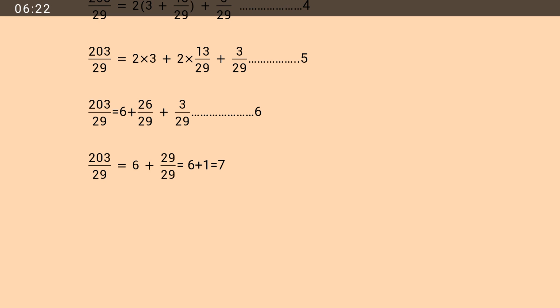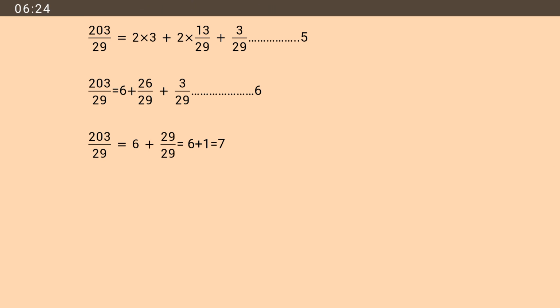Remember, now you see that the number becomes closer and manageable. Since the fraction parts 26 over 29 plus 3 over 29 have a common denominator, all we need to do is add the numerators, which is 26 plus 3, and that gives 29 over 29. So finally 203 over 29 is equal to 6 plus 29 over 29, which is 6 plus 1, equal to 7.